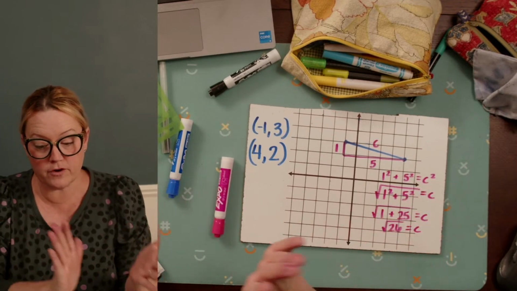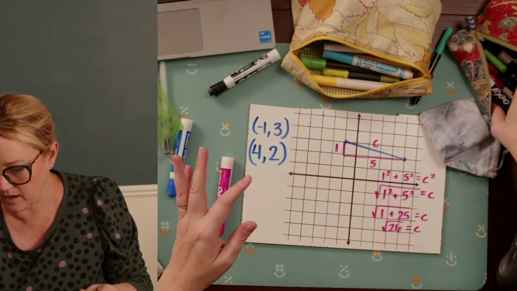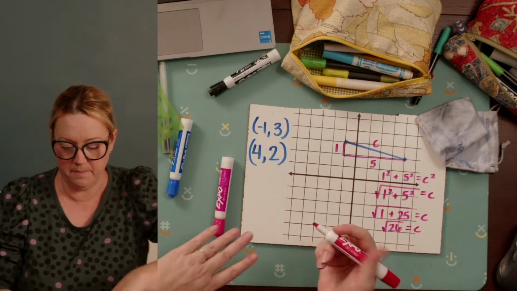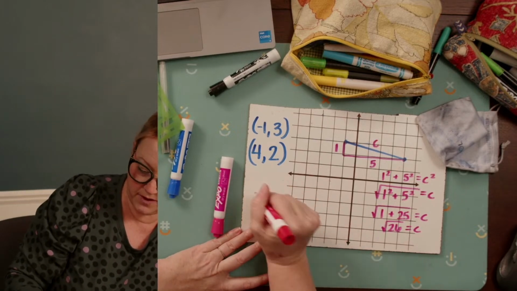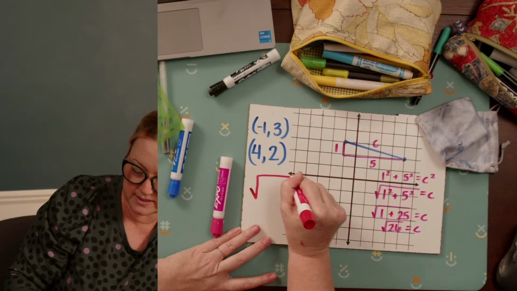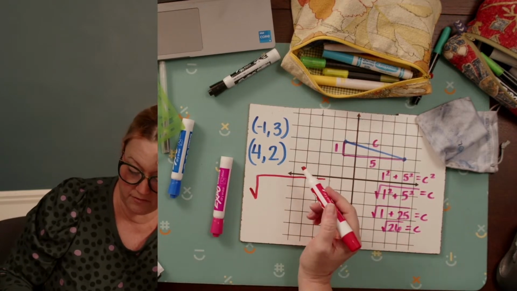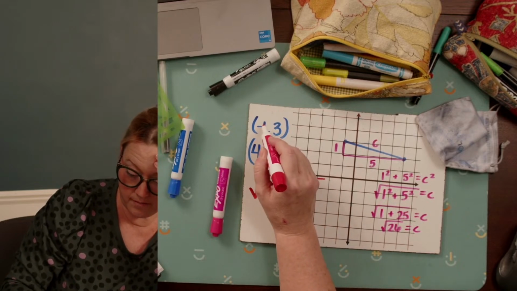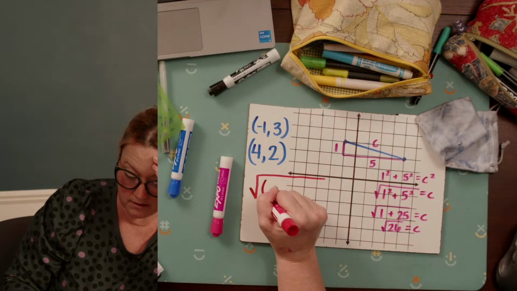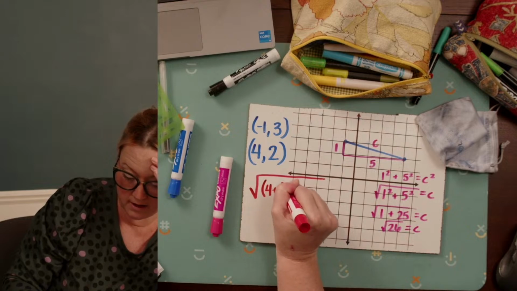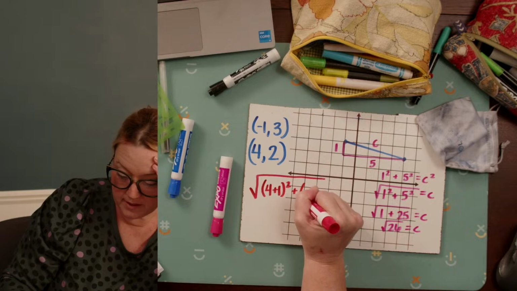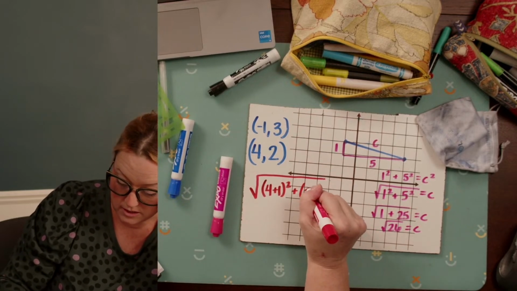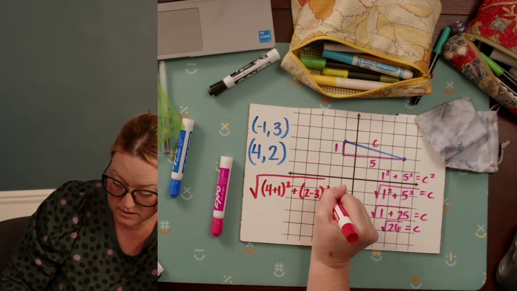So if we go over to the distance formula, right? Let's fill in the distance formula, just bear with me for a second. Okay, so I've got x2 minus x1, which is 4 plus 1 squared, plus y2 minus y1, which is 2 minus 3 squared.